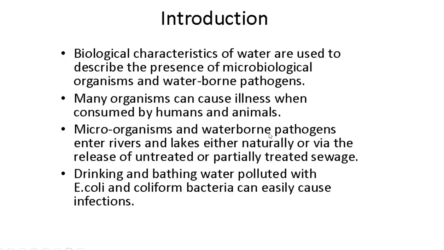Microorganisms and waterborne pathogens enter rivers and lakes either naturally or via release of untreated or partially treated sewage. Drinking and bathing water polluted with E. coli and coliform bacteria can easily cause infections.